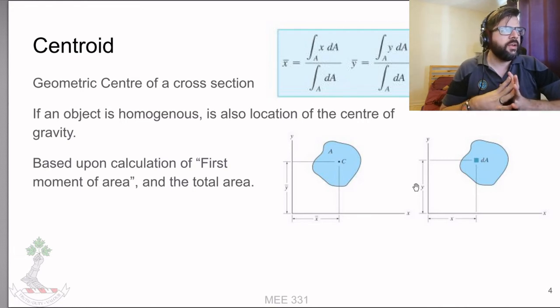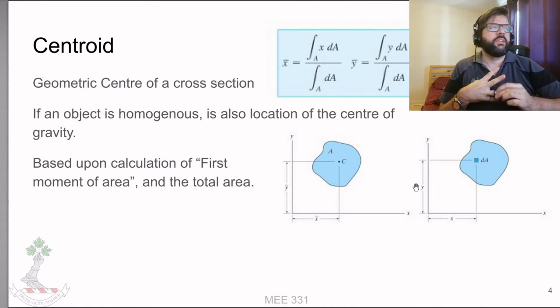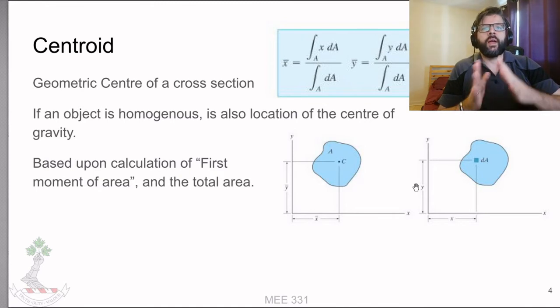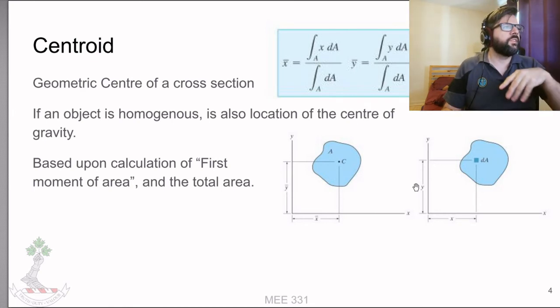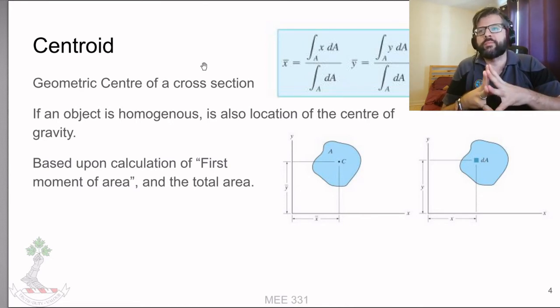Essentially, if you take an object and cut it in half through its centroid, regardless of the angle at which you're cutting it, you're still going to have half of the object on one side and half on the other side. The location of the centroid is independent of the orientation of the axis you're examining it on.